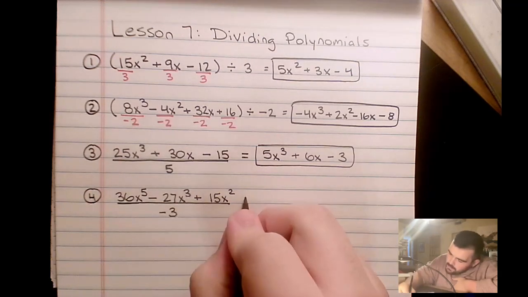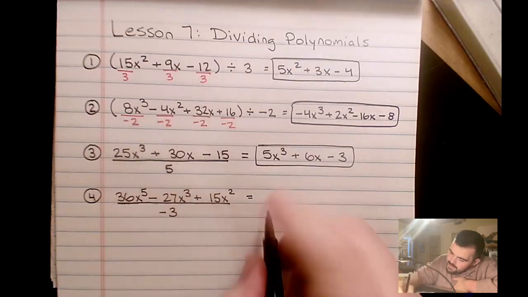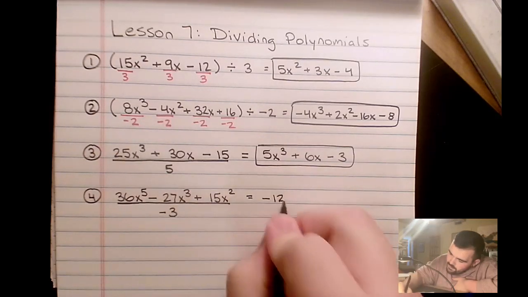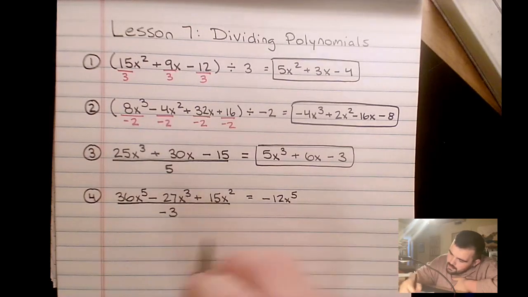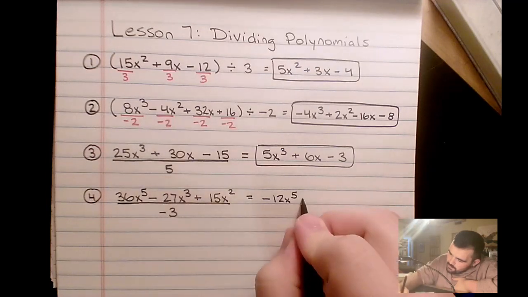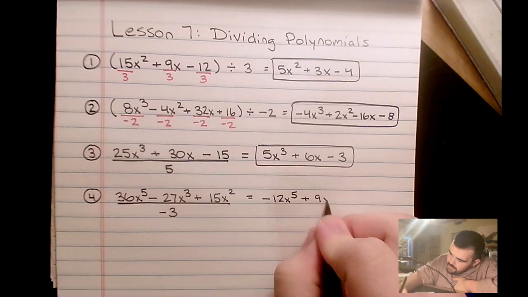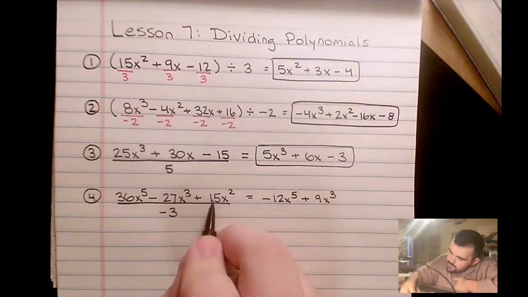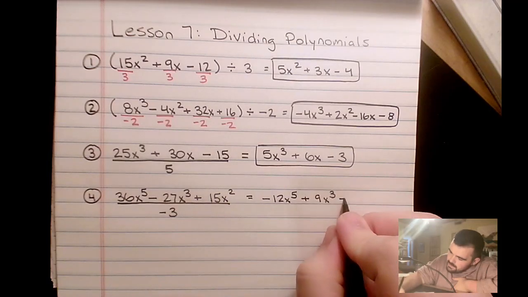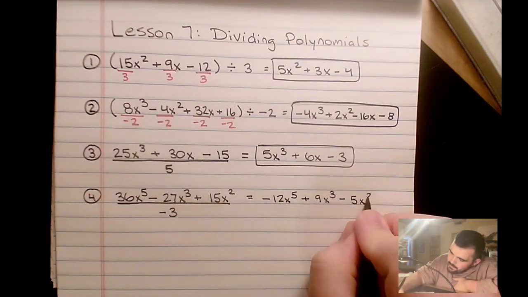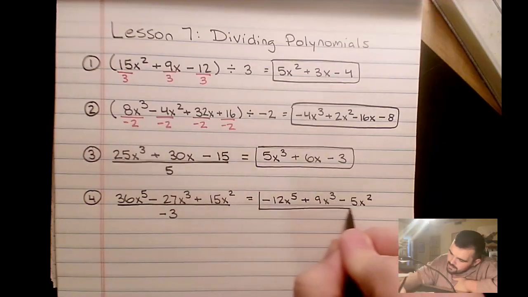Okay, so 36 divided by negative 3 is going to be negative 12x to the 5th. Negative 27 divided by negative 3 is going to be positive 9x cubed. 15 divided by negative 3 is negative 5x squared. And that is our answer.